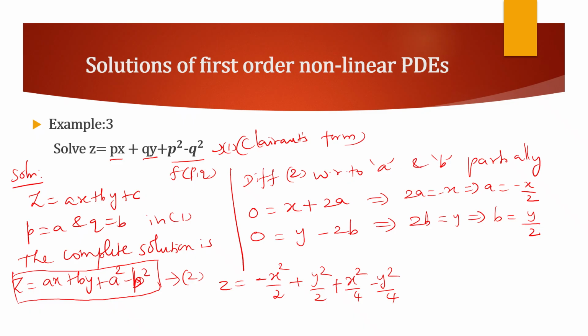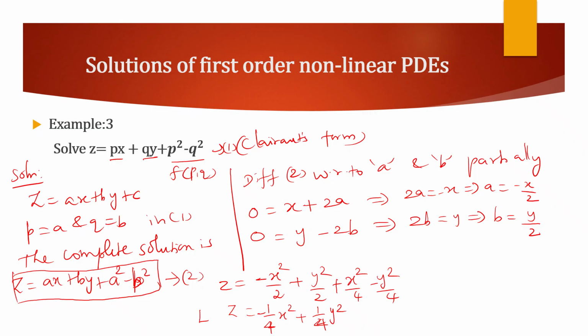So upon simplification, for the x square term we have 1 by 4 minus 1 by 2. So it is minus 1 by 4 x square, and for y square, 1 by 2 minus 1 by 4, so it is plus 1 by 4 y square.